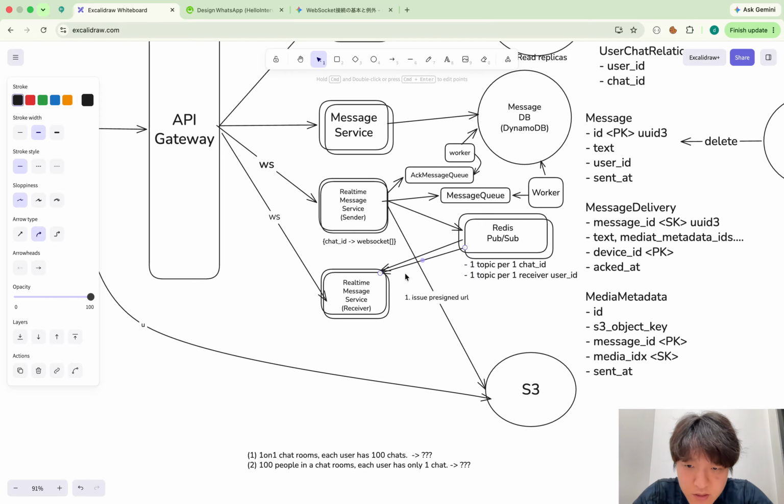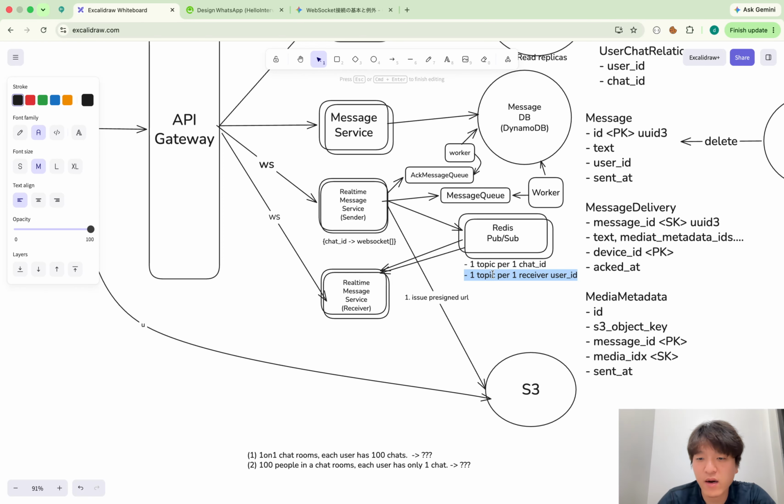So that's what happens. And for the second option, one topic per receiver user ID: when a user sends a message and the sender server receives it through WebSocket, this sender server sends the message to one specific topic, which corresponds to the other user in the same chat room, a single receiver, of course.